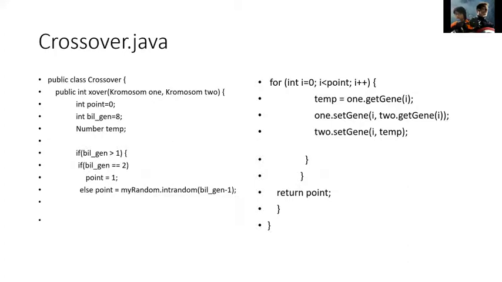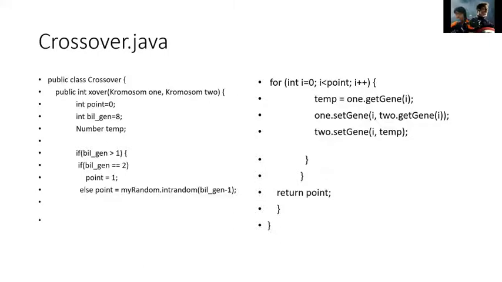Our project has a crossover class. How does it work? As you can see, inside the method X over, which is crossover, we accept 2 parameters, chromosome 1 and chromosome 2. The initial point is 0. We're going to decide later how we choose the single point to be crossed. And the bilangan generation number is 8.